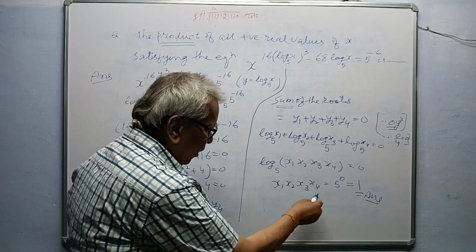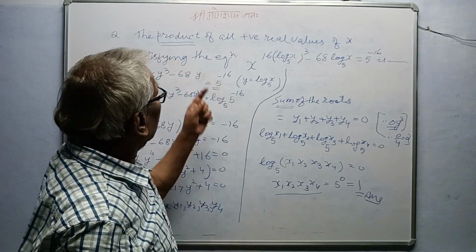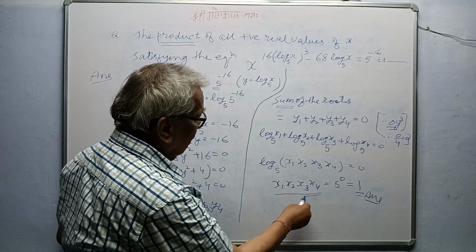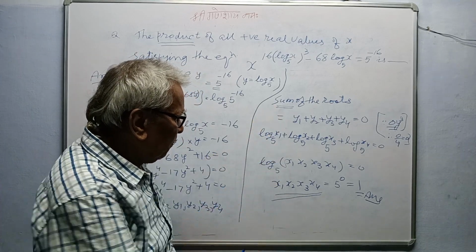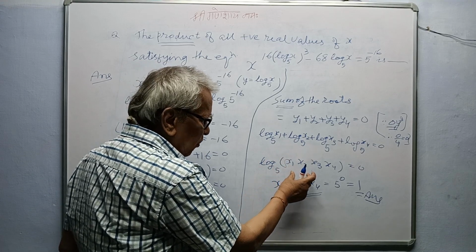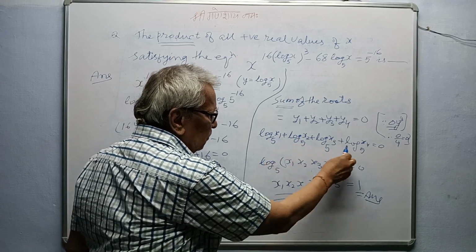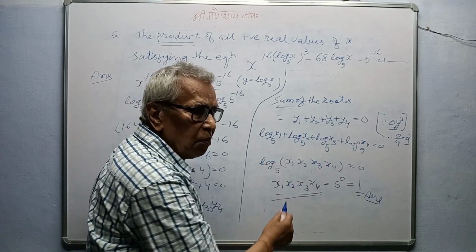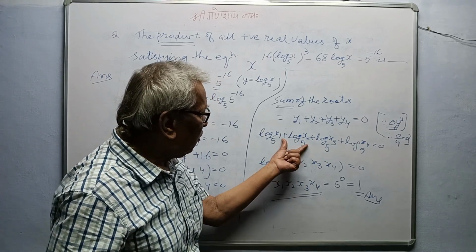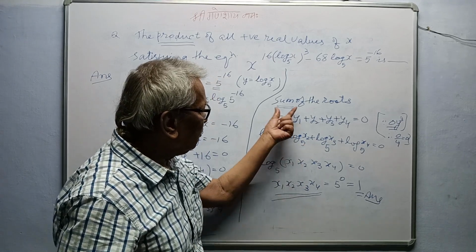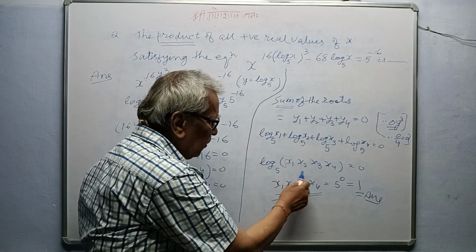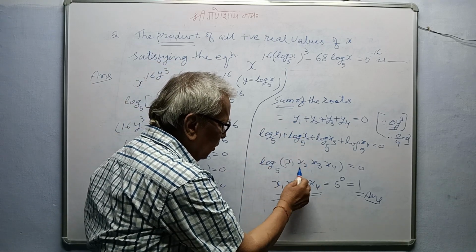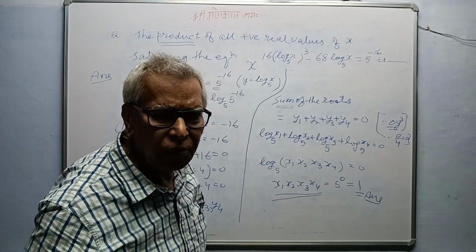We have to find the product. That sum, because in logarithm, sum will give the product. Formula is summation will convert into product. So because of log, we have taken the sum, and so we come out with the product, x1 into x2 into x3 into x4 in product form.